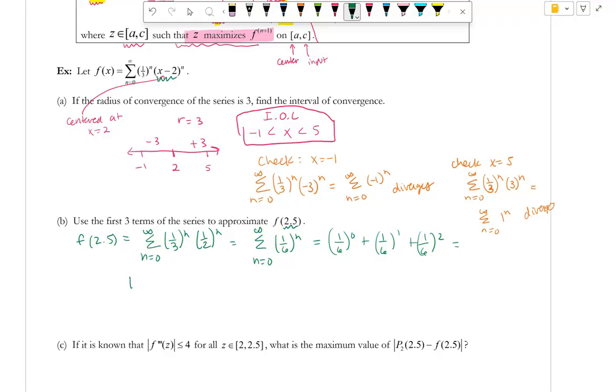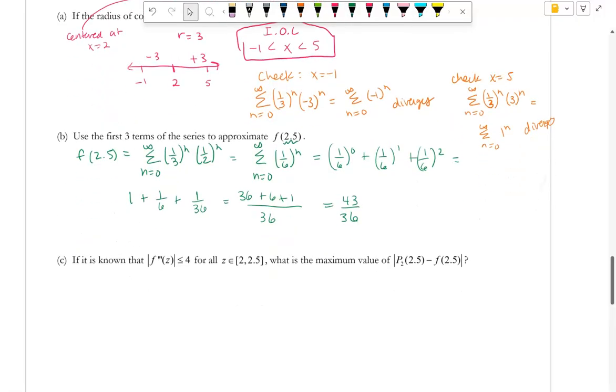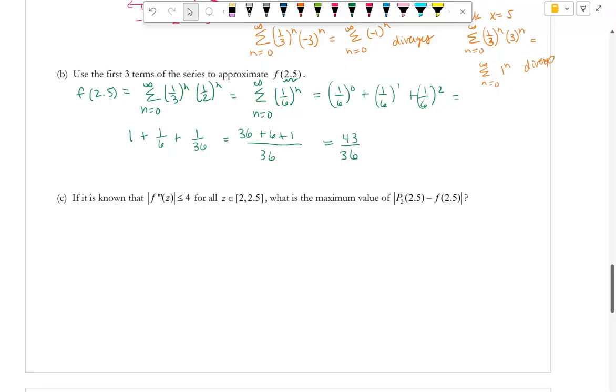So really that is 1 plus 1/6 plus 1/36. If we get common denominators there, we end up getting 43/36.